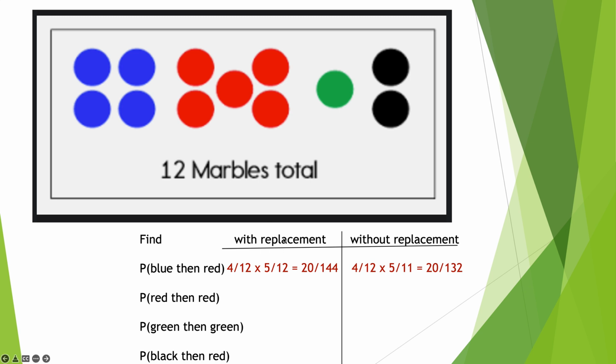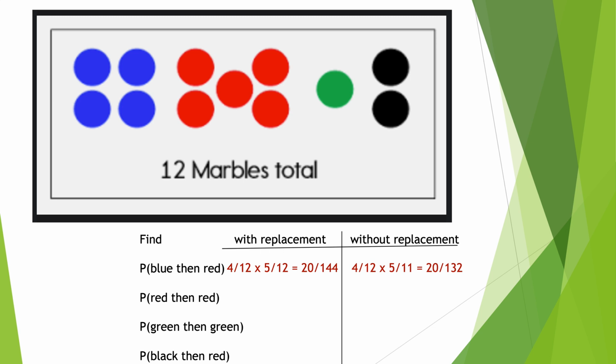Now, that one is under the condition that the marble is put back in the bag. Let's compare that, if you will, to without replacement. Now, the probability of picking a blue out without replacement is still 4 out of 12. But this time you pick that big, beautiful blue marble up and you put it aside. It does not go back in the bag. So now, how many blue marbles are in the bag?